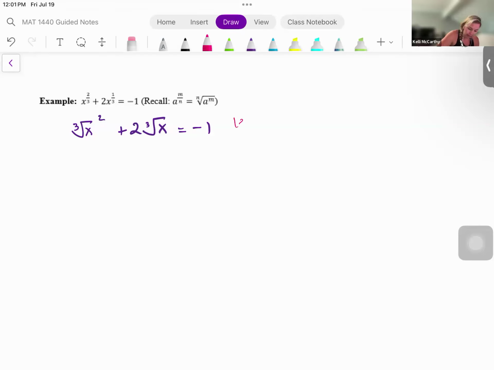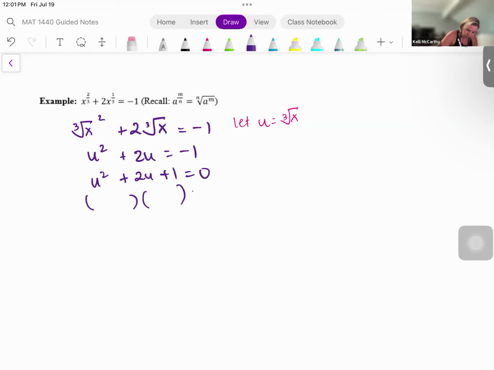So we're going to let U equal the cube root of x. So this becomes U squared plus 2U equals -1. Setting this equal to 0, U squared plus 2U plus 1 equals 0. We can factor this. It's going to be U plus 1 times U plus 1.